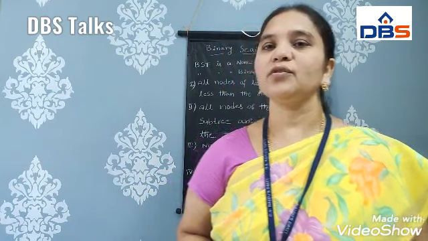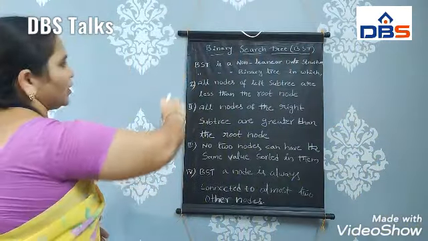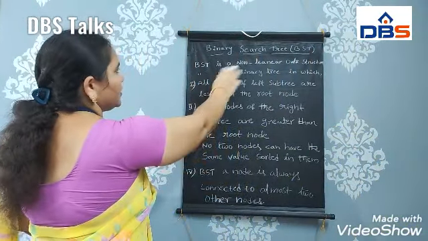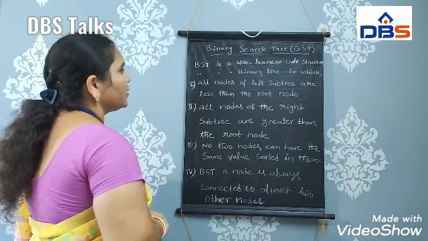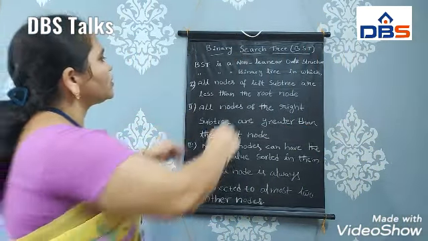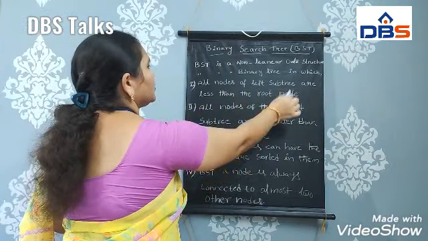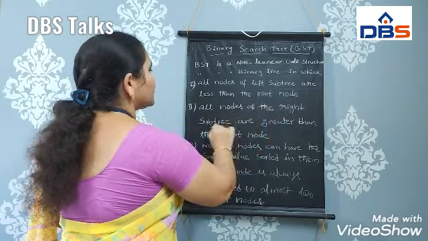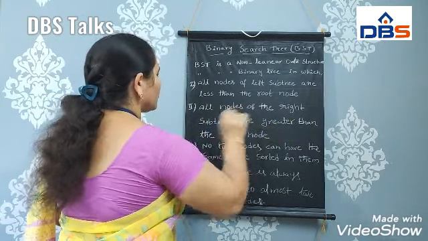Once again, I repeat the definition of a binary search tree. A binary search tree is a non-linear data structure. All nodes of the left subtree are lesser than the root node, and all nodes of the right subtree are greater than the root node.